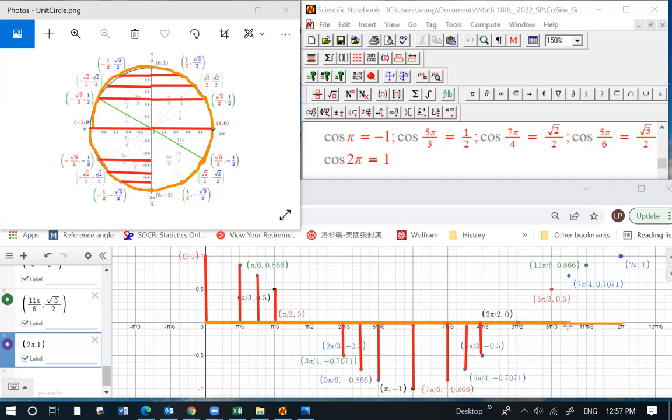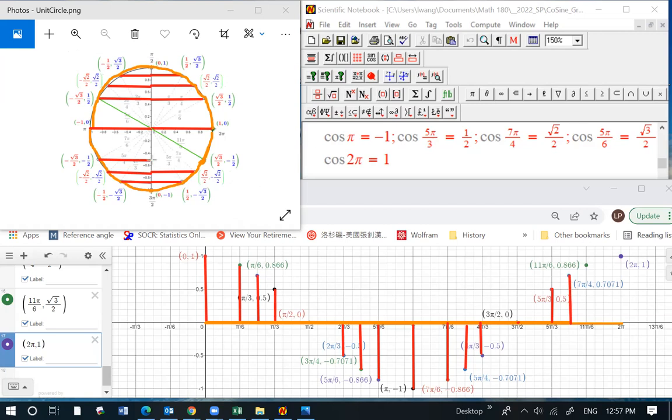Okay, so right here, this dot. Okay, and then 5 pi over 3, we have a red over there, so that's red standing up. 7 pi over 4, that's root 2 over 2, standing up.